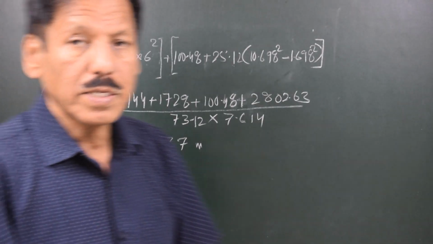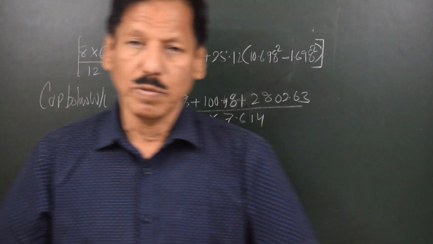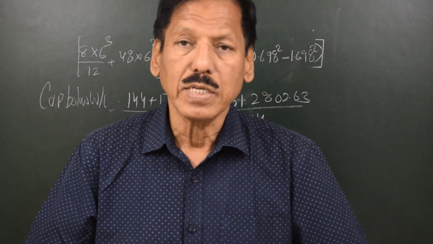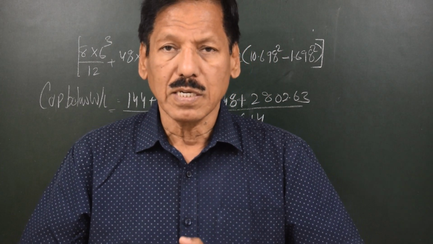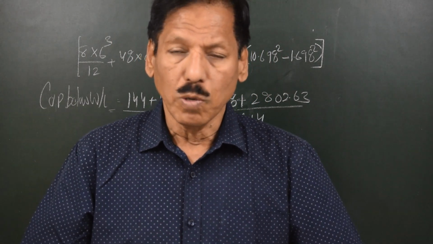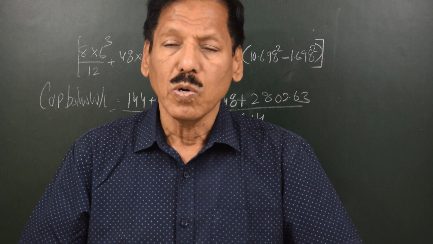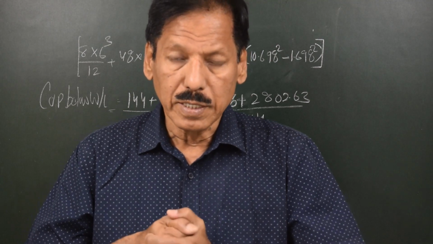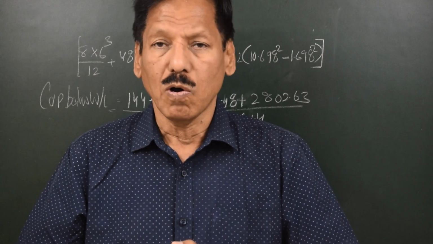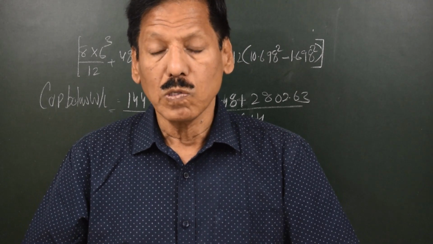That is the depth of the center of pressure below the water level. As you can see, the center of pressure is slightly below the geometric centroid. So this is how we do the calculation for COP in case of a shape that involves a semicircle.